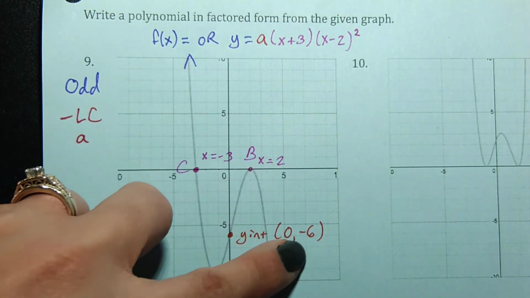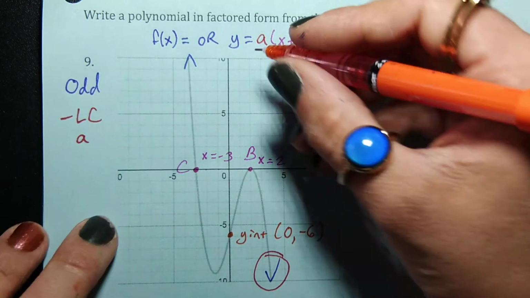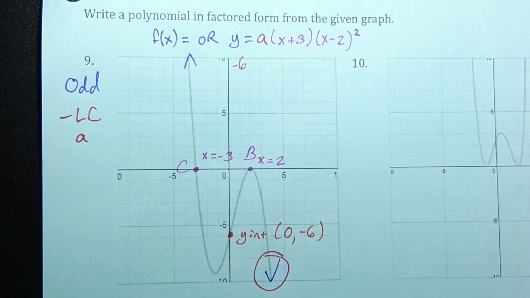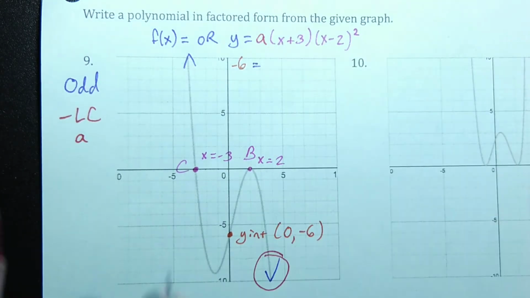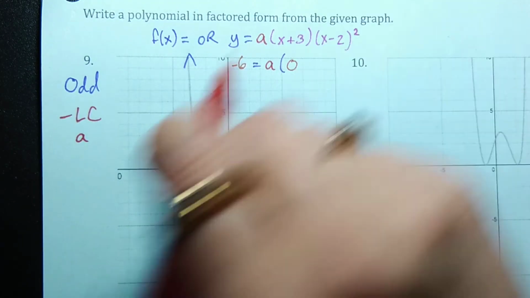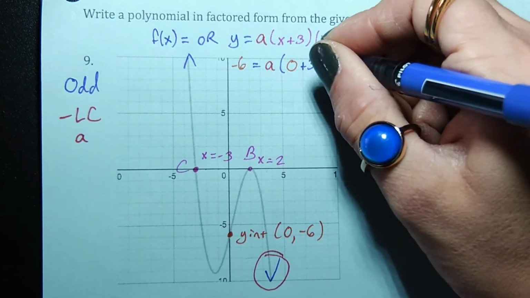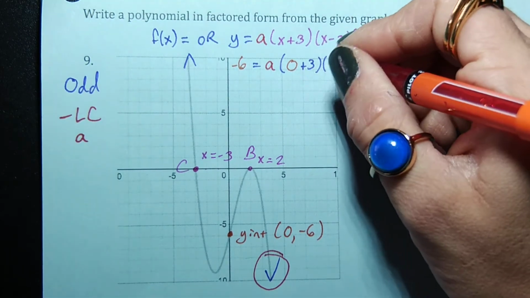Y-intercept, we're going to plug the negative 6 in for the y. We're looking for our A value. We're going to plug in 0 for the x. We're going to plug in 0 for that other x.